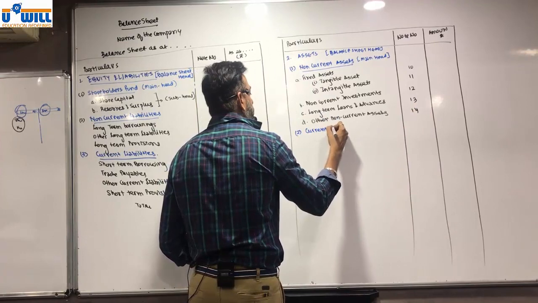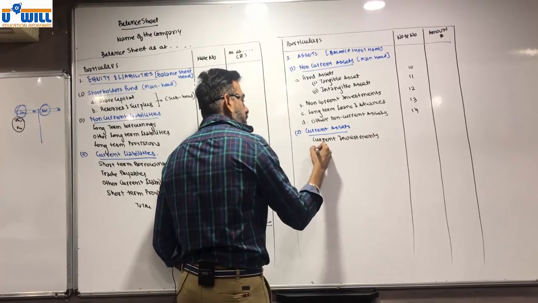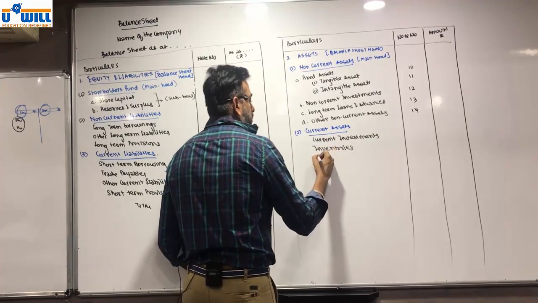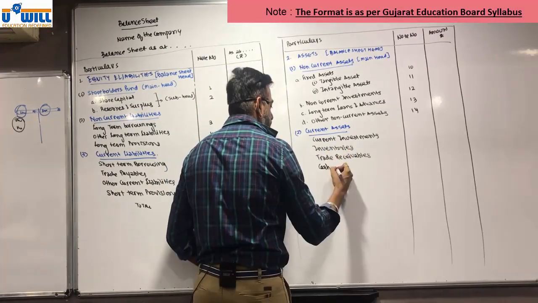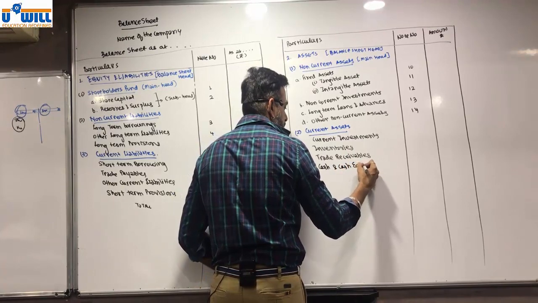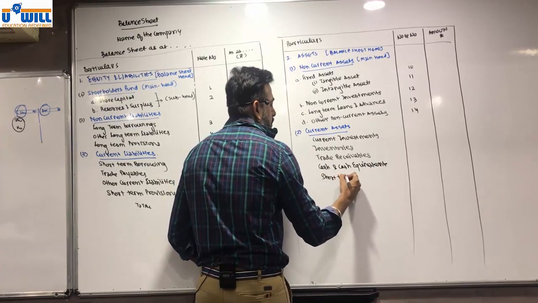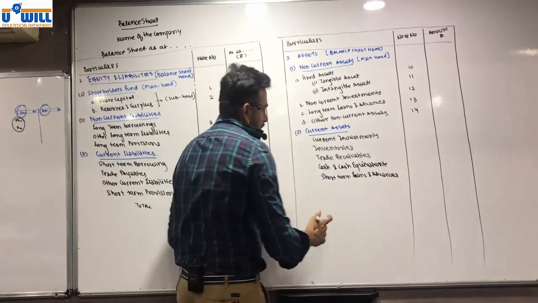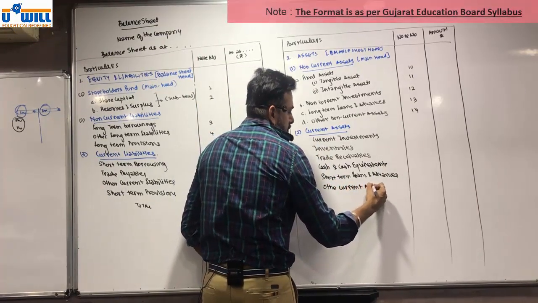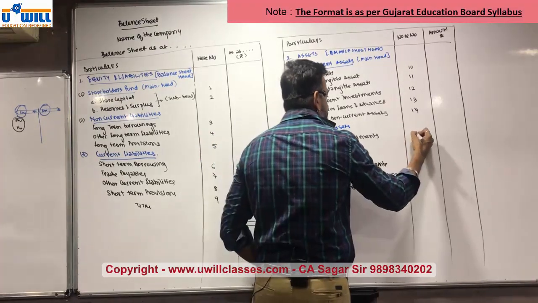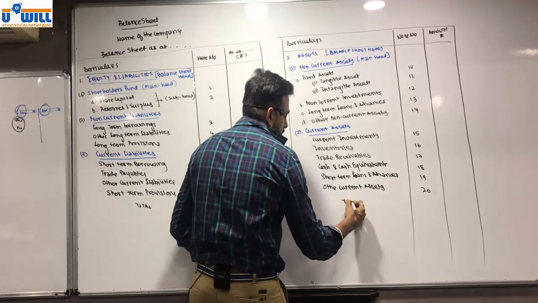Current assets: current investments, inventory, trade receivable, cash and cash equivalent, short-term loans and advances, and other current assets. 15, 16, 17, 18, 19 and 20 total.